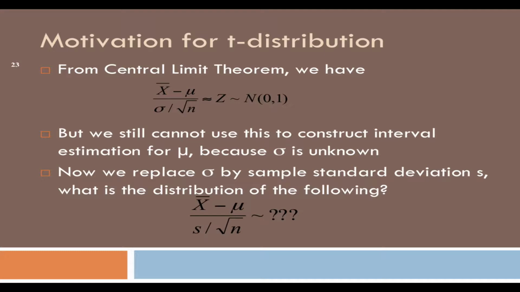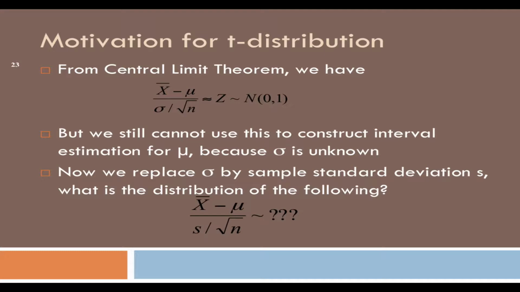So from the central limit theorem, remember x bar has a normal distribution, and the mean of x bar is mu, and the standard error of x bar is sigma over square root of n. So we talk about transformation, or standardization.